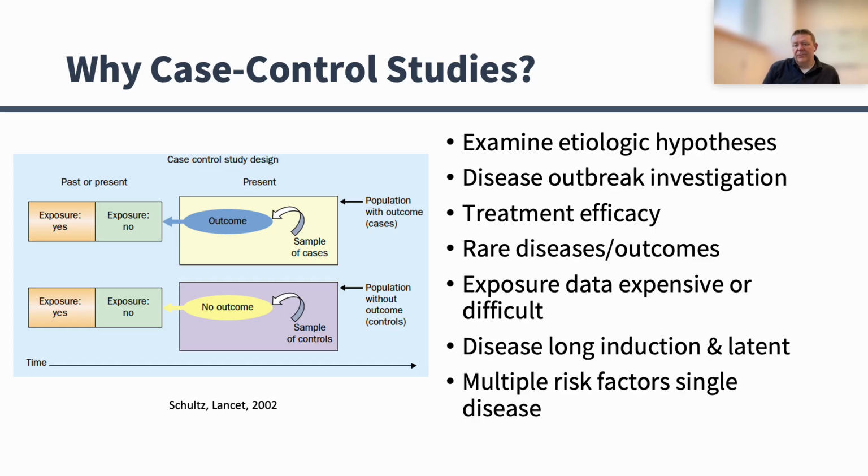In the case of injuries, that's usually not the case because usually there are short events that cause them, but those types of events are also well suited to a case control design. And finally, case control studies also allow us to examine multiple risk factors of a single disease with the same group of cases and controls. But we can only look at one outcome.